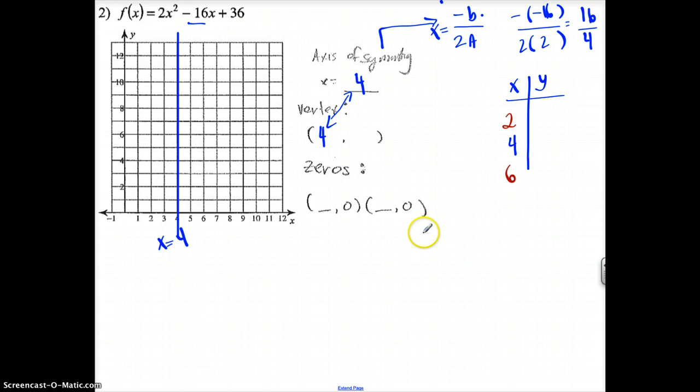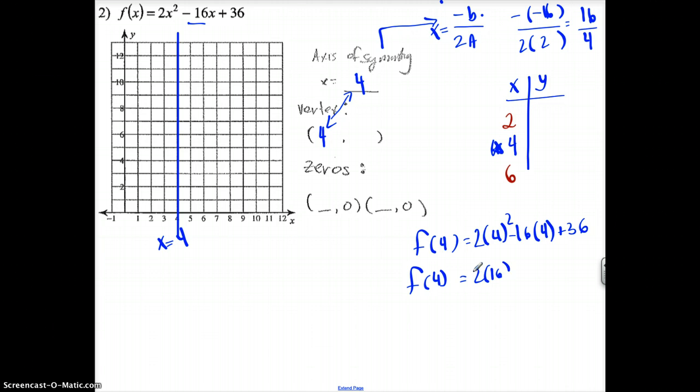So again, I'm going to start with my vertex, f of 4. That's the number we started with, this one. Equals 2 times 4 squared minus 16 times 4 plus 36. So f of 4 equals 2 times 16. Remember to do the squaring first before you multiply.